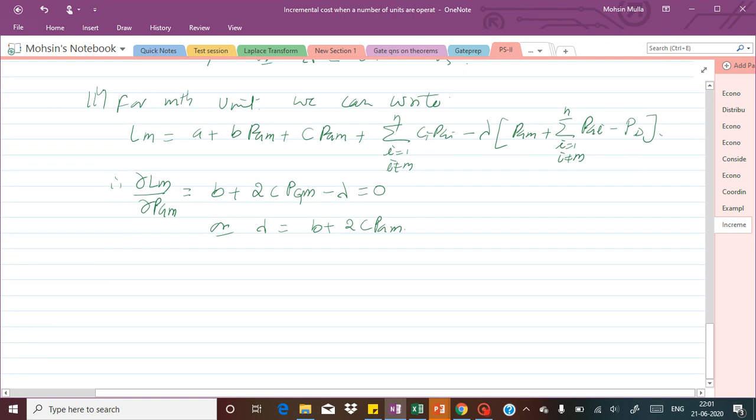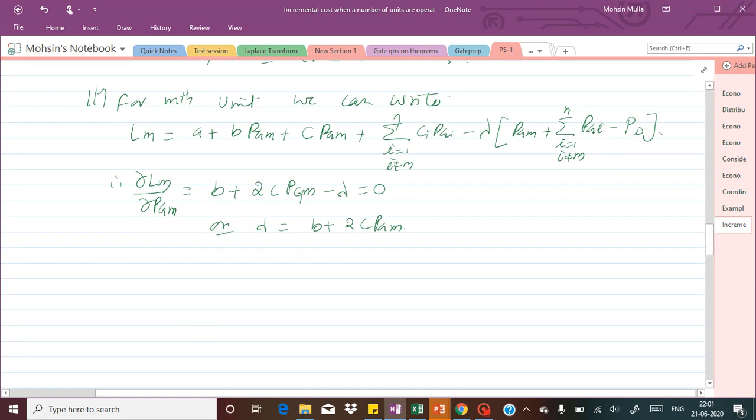Likewise for any of the units we are going to get a similar kind of expression. What this indicates is that when we are trying to obtain the optimal value, lambda is nothing but the incremental cost, so ultimately the incremental cost of each unit is going to remain exactly the same.